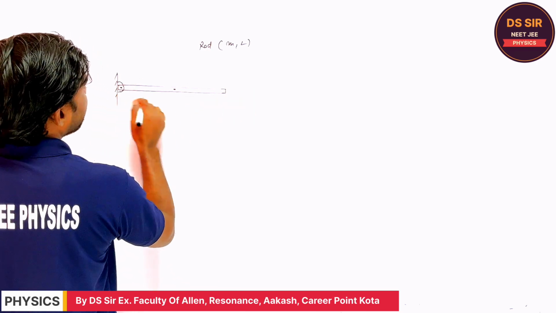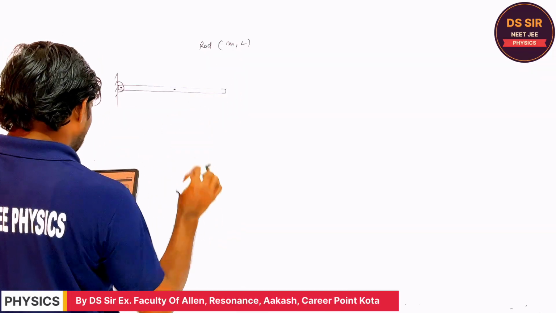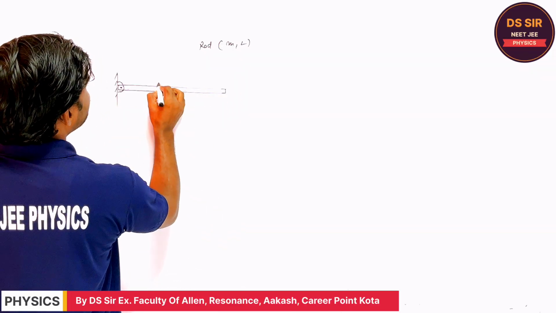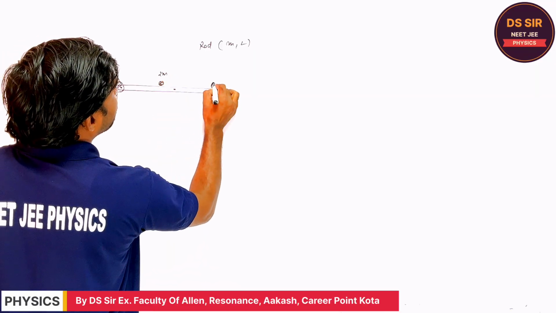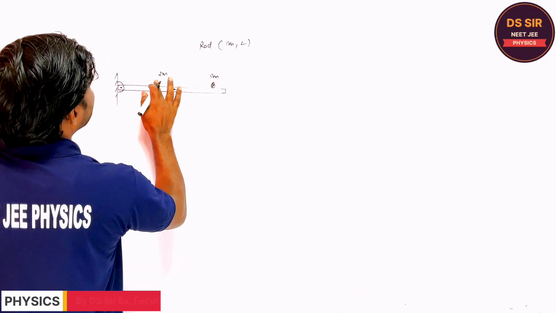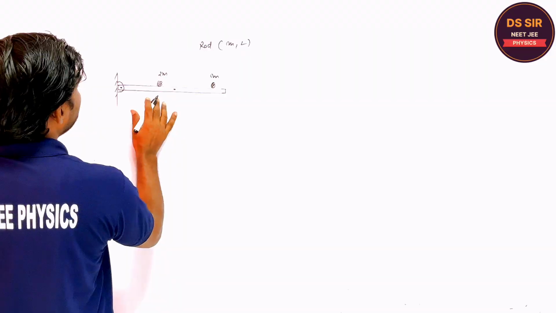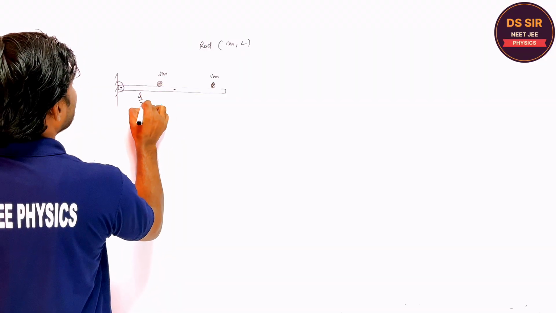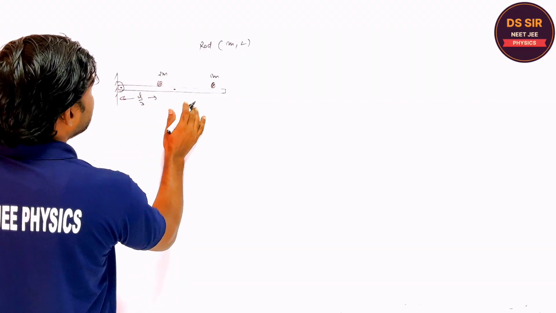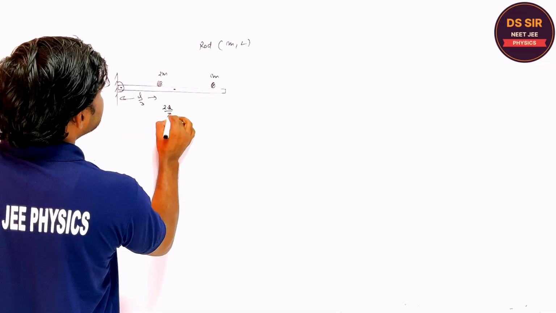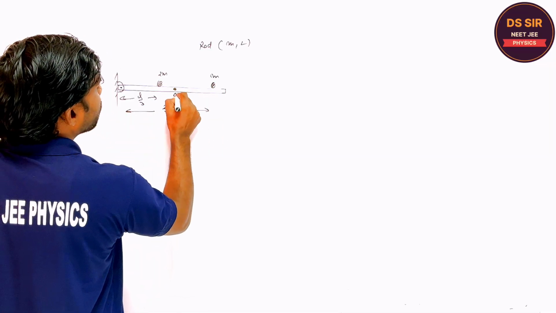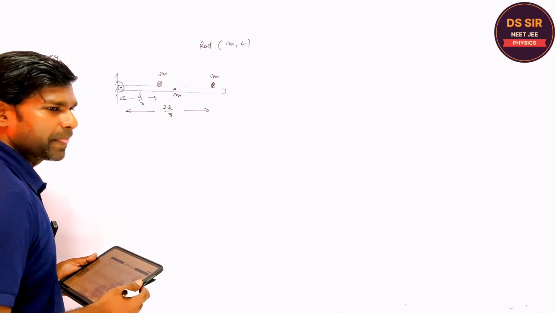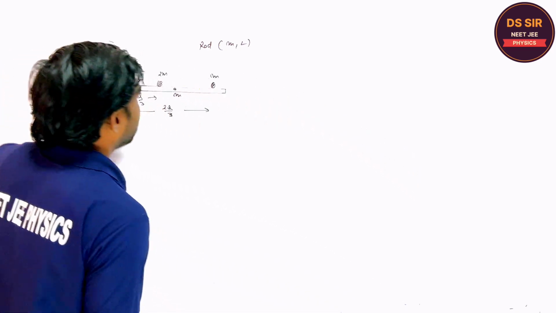Now there are two masses. Suppose this is the 2M and this is the M. The 2M mass is placed at distance L by 3, and another mass is placed at distance, suppose, 2L by 3, and this is the rod of mass M itself. It is kept horizontally and released from rest.